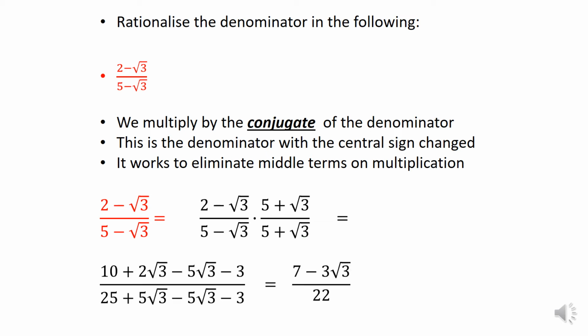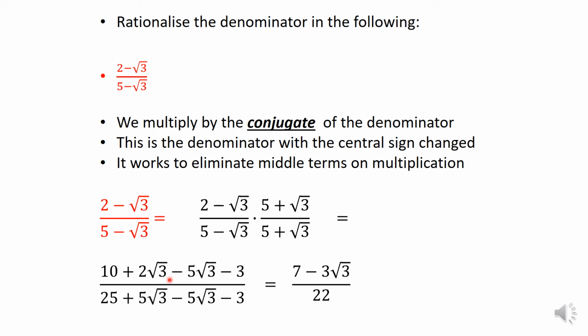So it will be a big long multiplication, okay, a 2 by 2 multiply on top and a 2 by 2 multiply on bottom. But the key thing is that underneath you'll have 5 fives or 25. You'll get plus 5 root 3 minus 5 root 3. That's the key thing. You have plus and minus.